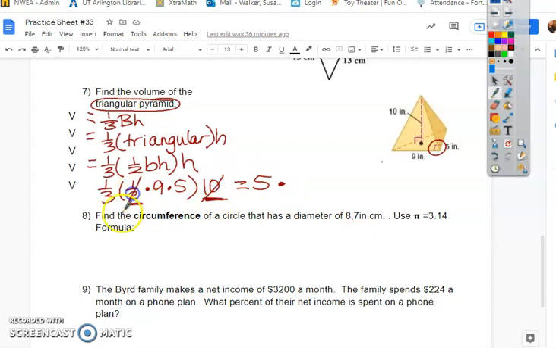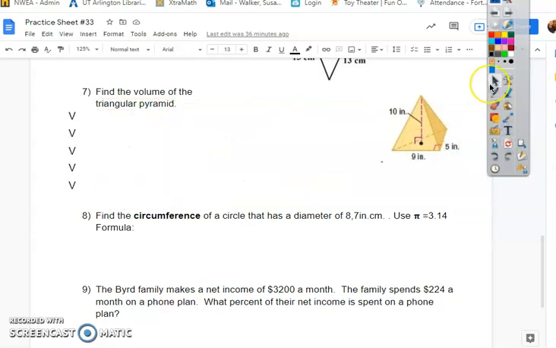So I took care of that. I could do 1/3 of 9, which means 9 divided by 3, which is 3. So I took care of that. And then I still have times 5. And whatever I get, that's going to be my answer. Inches cubed.